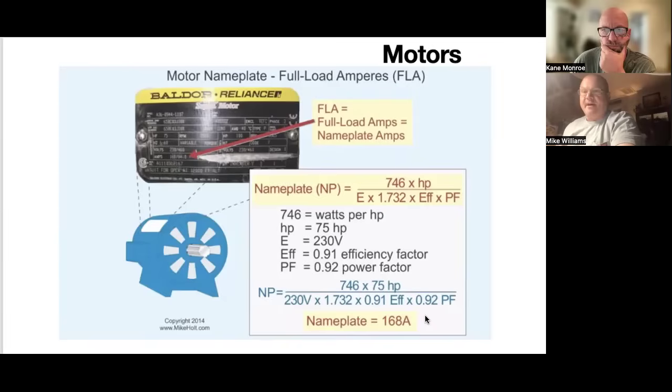All right. So 75 times the 746 is 55,950. Then we're going to take our 230 volt times the square root of 3, which is 1.732, which is 398.36.